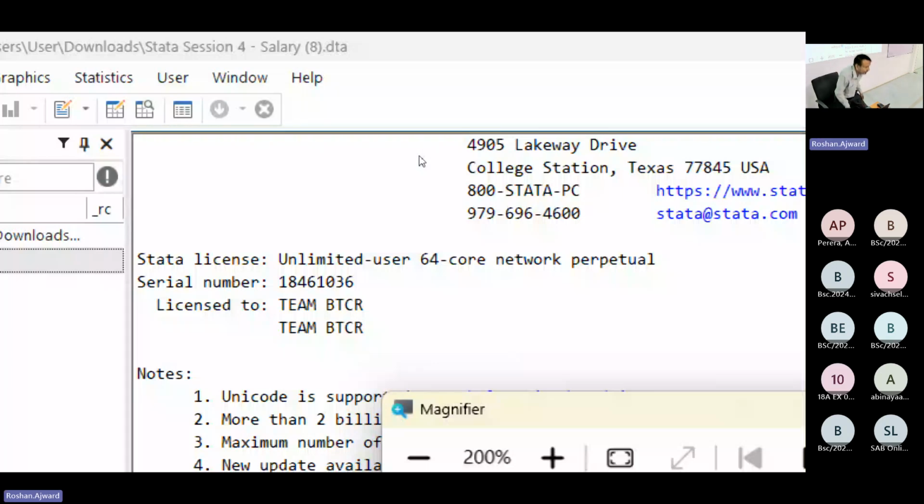So please take down a small topic: performing an OLS regression analysis, ordinary least squares, using Stata.